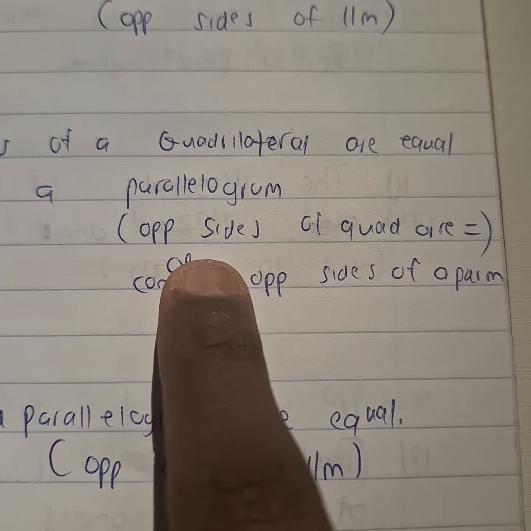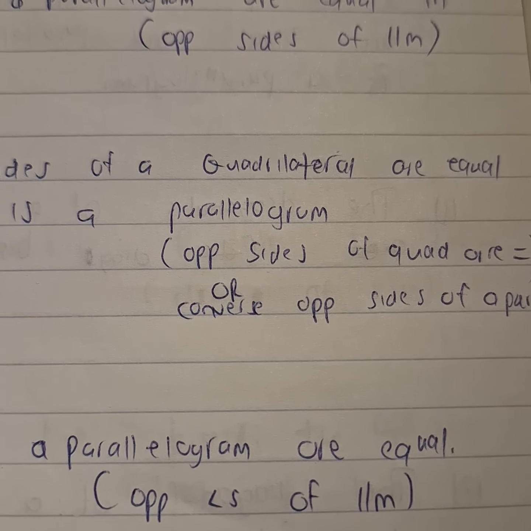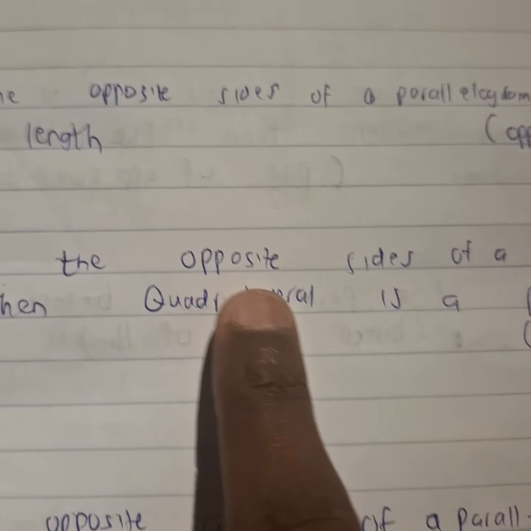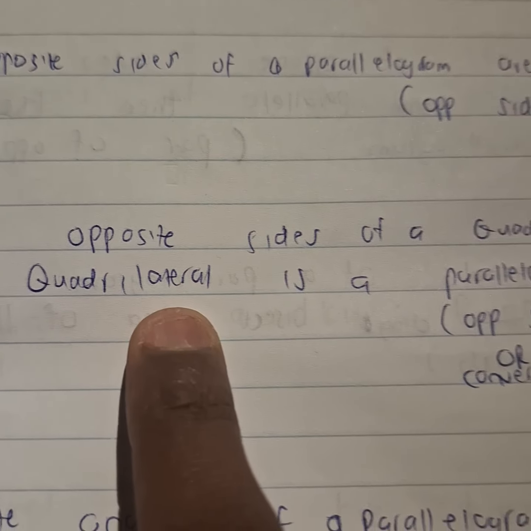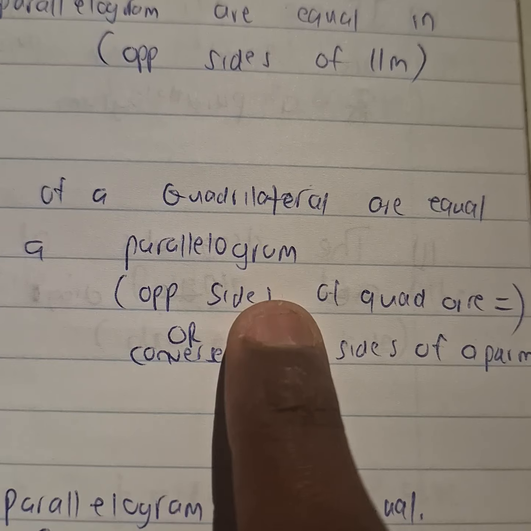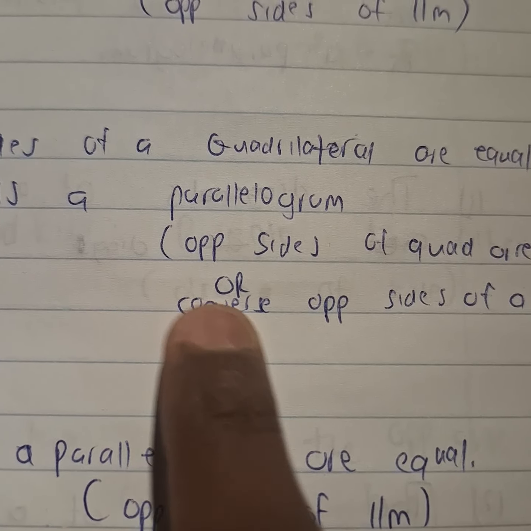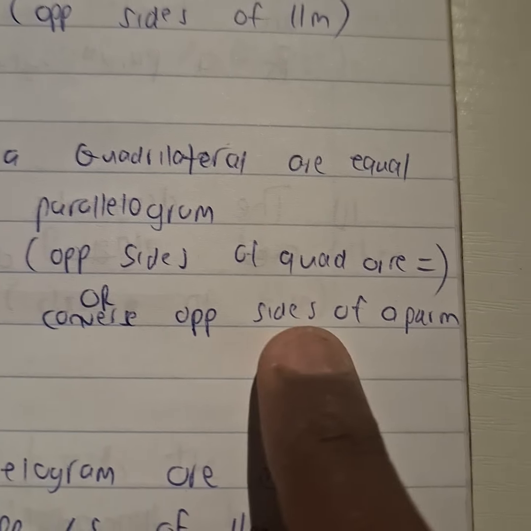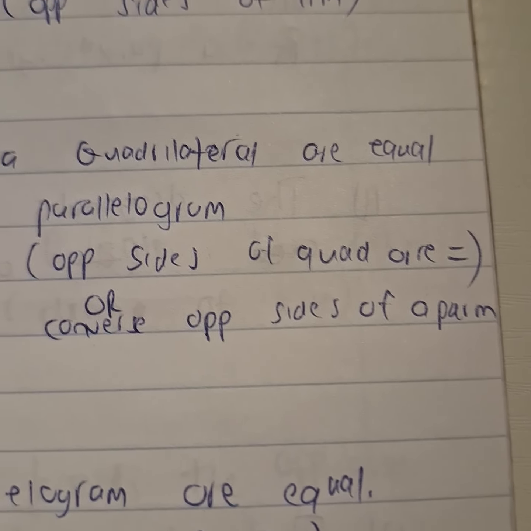Then our reason that we can utilize, having used the condition that the opposite sides of that quad are equal in length and they are therefore a parallelogram, we can say op sides of quad are equal. Or we can say converse op sides of a PARM. Now this also stands for parallelogram.